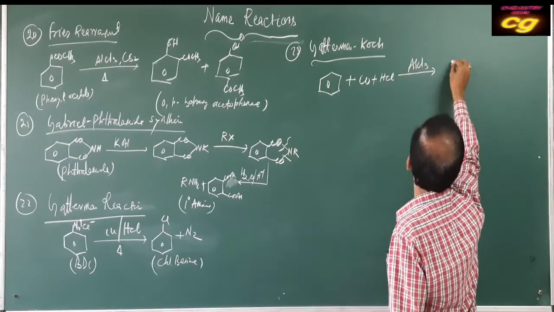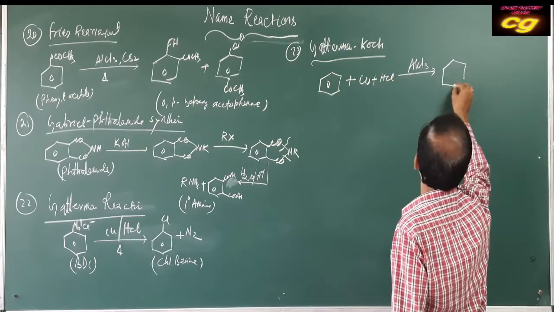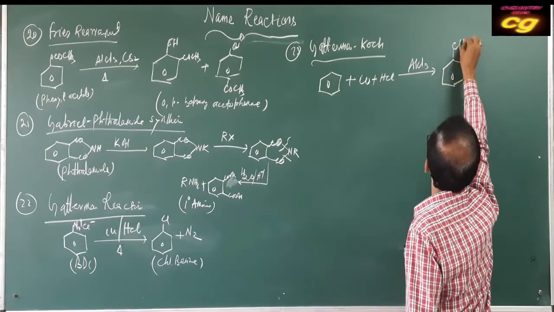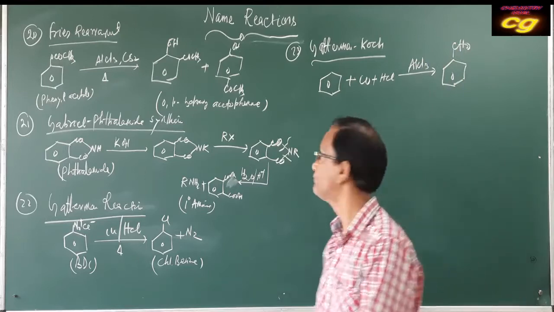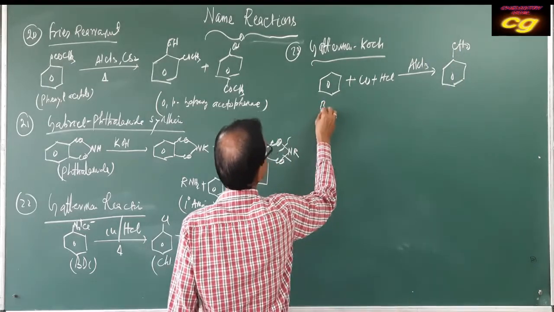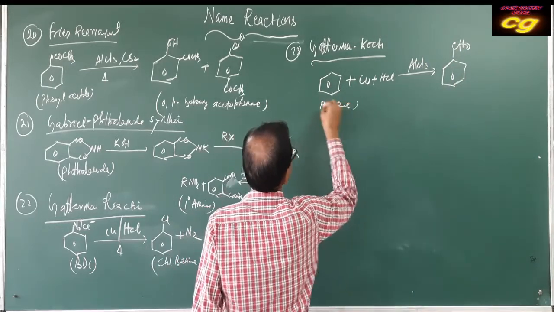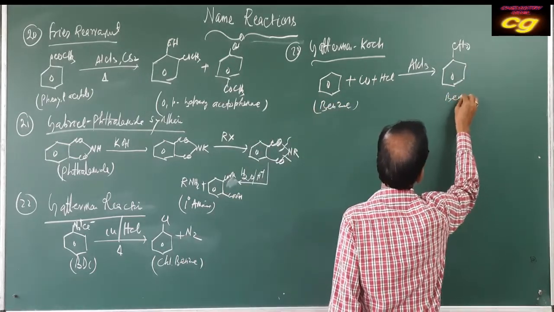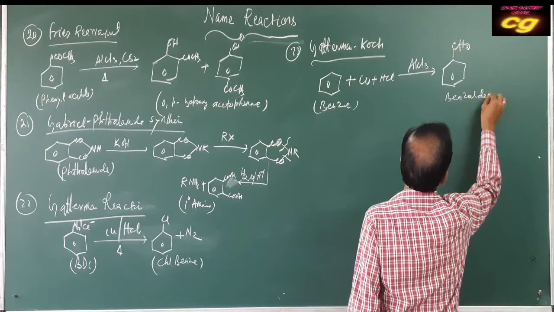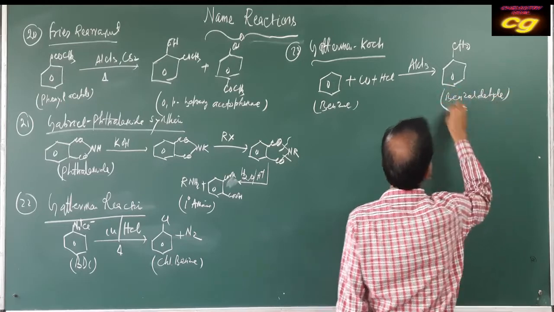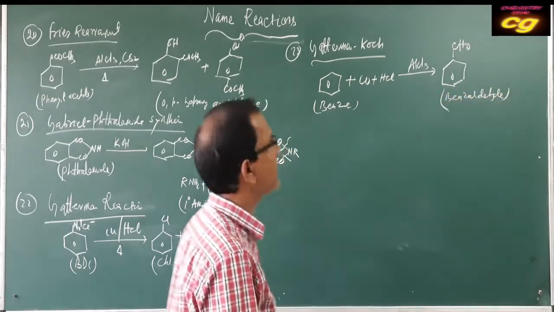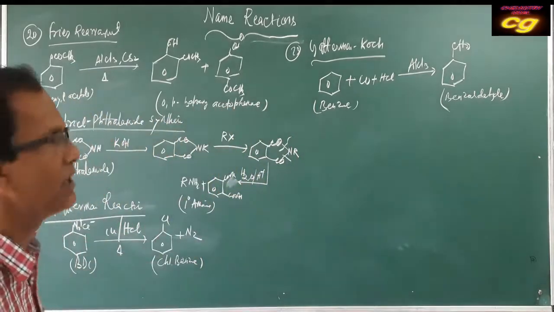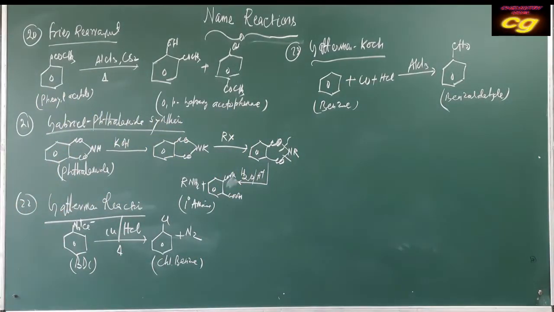The product will be an aromatic aldehyde. This is benzene converted to benzaldehyde. An aldehyde group can be introduced in the aromatic ring by this process. Very important reaction, that is Gattermann-Koch.